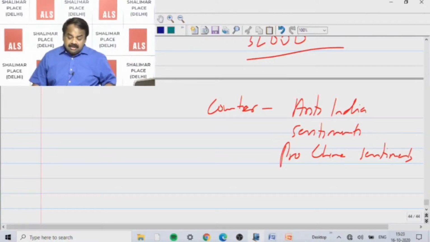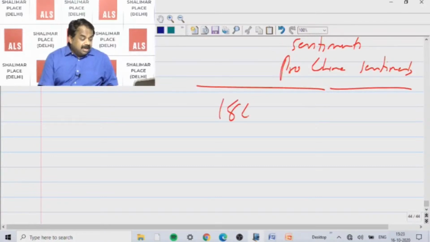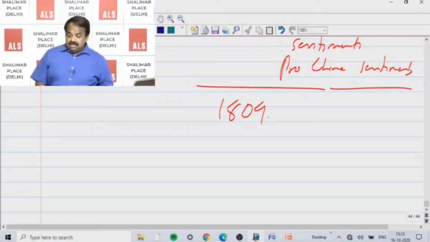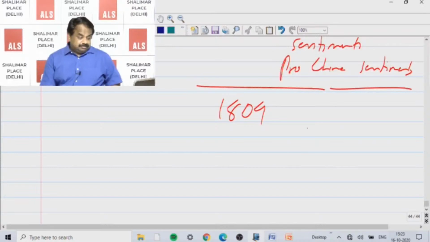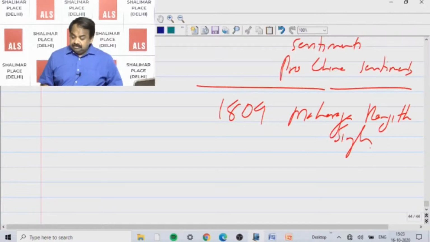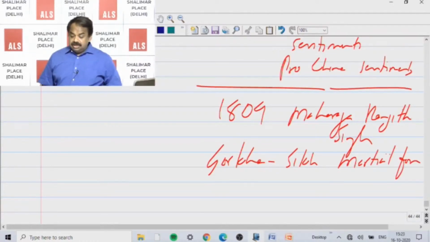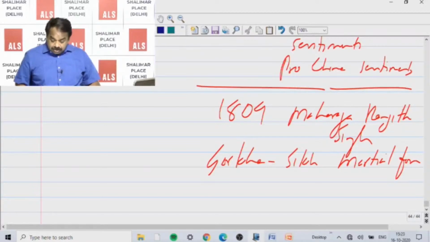If you look at the Gurkha connection, the first time was in 1809, when Maharaja Ranjit Singh created a Gorkha Sikh martial force.